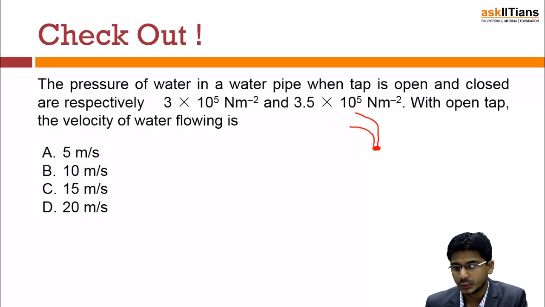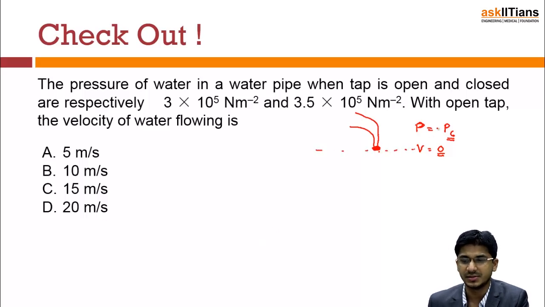So suppose it is closed. When it is closed, let's take that pressure as Pc, pressure closed. Since this is closed, the velocity of the water at this time is 0, because the liquid is not flowing.